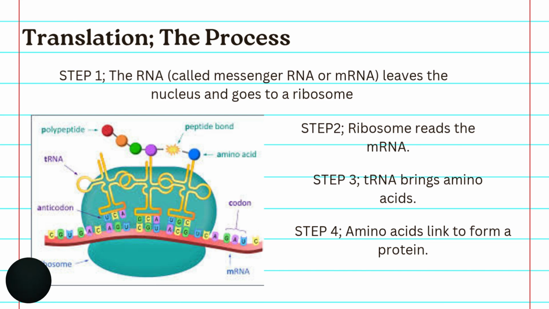That tRNA comes to mRNA, attaches to it, and when it attaches, rRNA will again catalyze a reaction to have tRNA release that amino acid and leave it there on the ribosome.